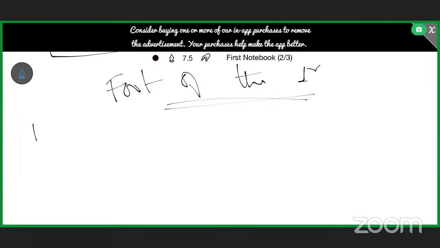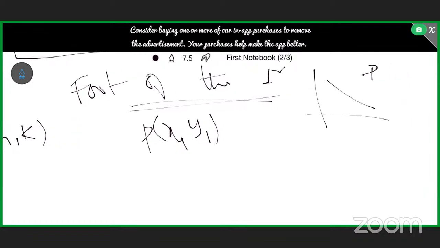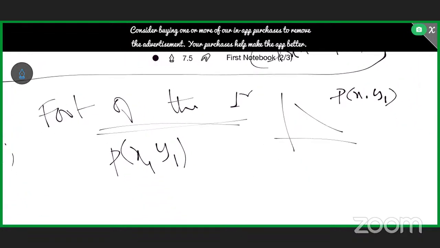If h comma k is the foot of the perpendicular of point P(x1, y1), this is my point, and there is one line here like this, and this is my foot, let us say Q(h, k).